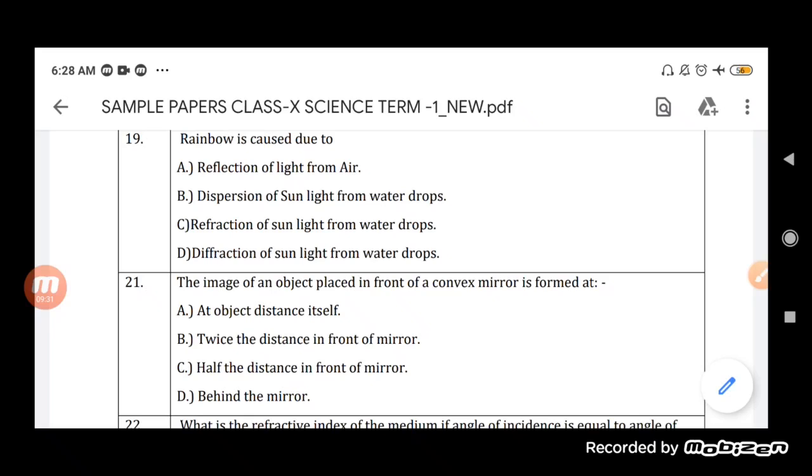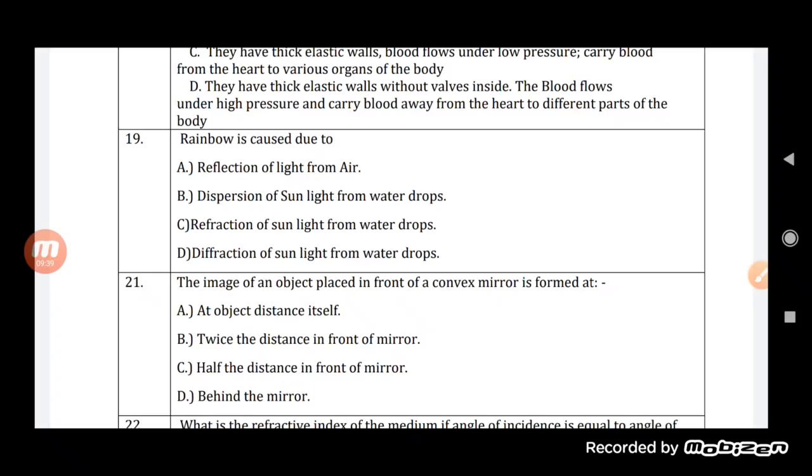The image is always formed behind the mirror, because it always forms a virtual and erect image. So we will say that the image will be behind the mirror. Okay.